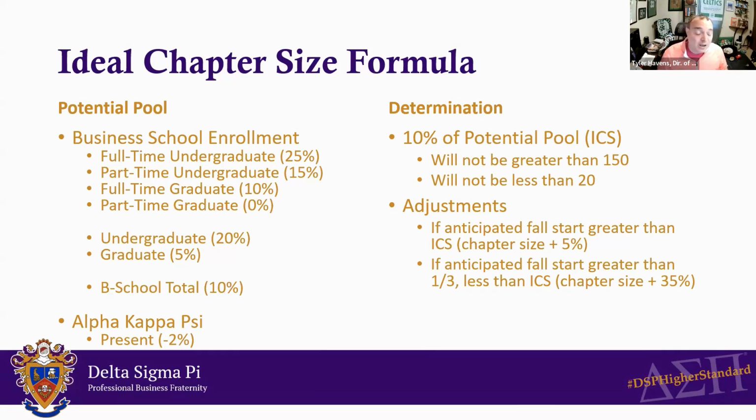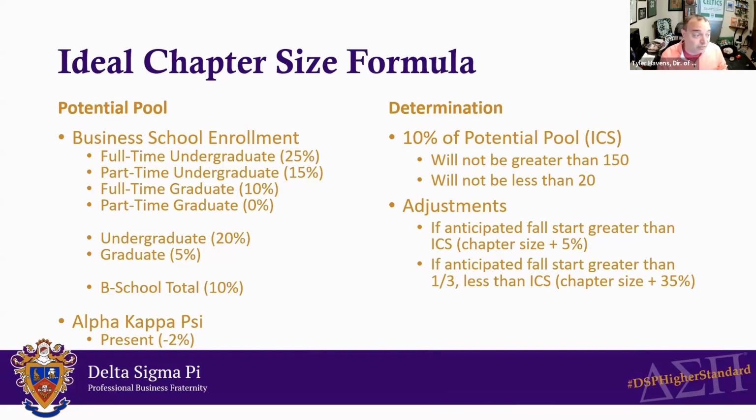And so what we do is we say, hey, at least maintain your ideal chapter size and maybe grow another 5%. I was looking at one the other day where they were starting the year with 136, and we said, hey, if you can do that and then add another seven, we assume you're going to do that anyway. And so that's what that looks like.